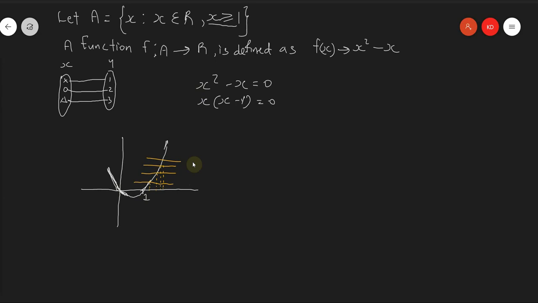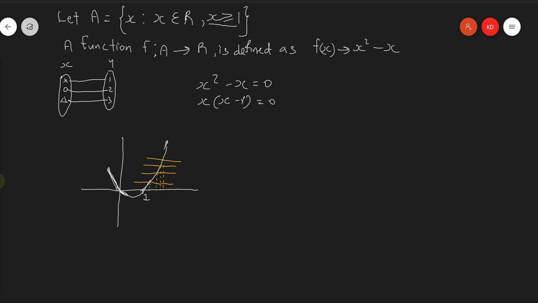I'll just continue and do part B. This is actually Unit 1 2013 question 2, and that was part A of question 2.